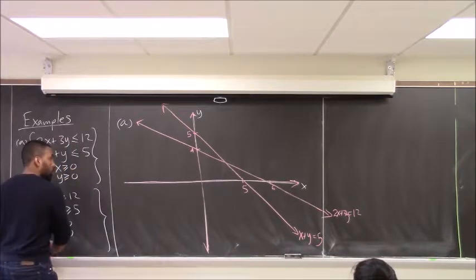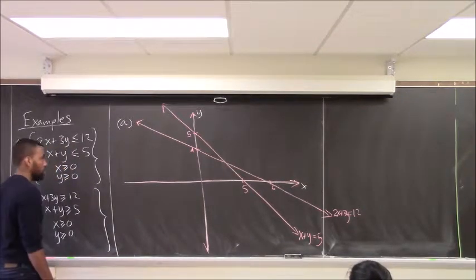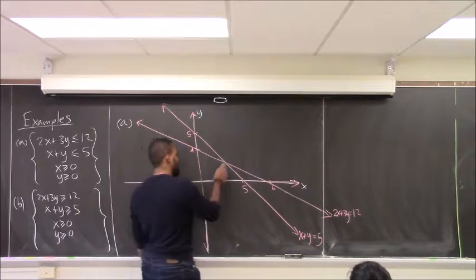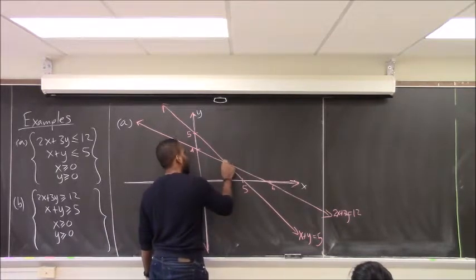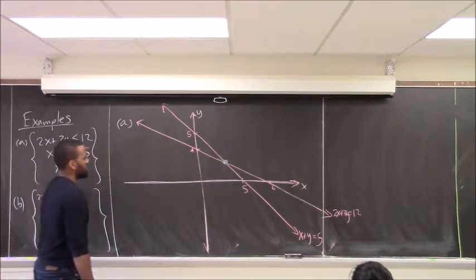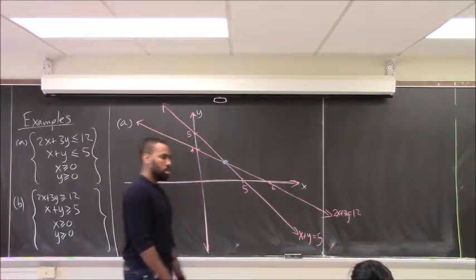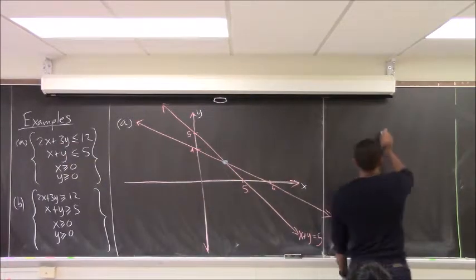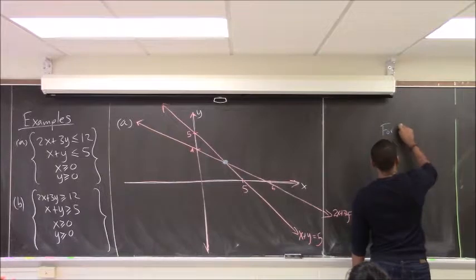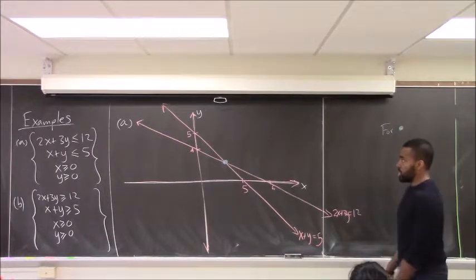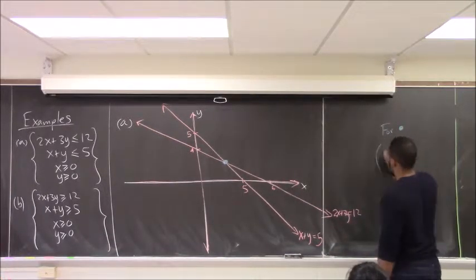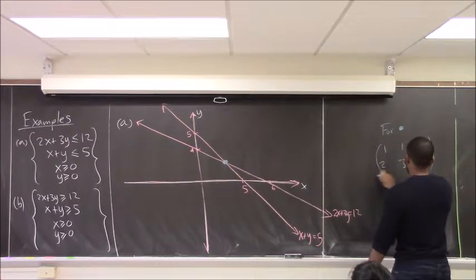Also, I've got the feeling that this is going to be important eventually. So how do we actually find that coordinate? Alright, so for the blue dot, you're just going to solve the system of equations. Okay, so 1, 1, 5, 2, 3, 12.